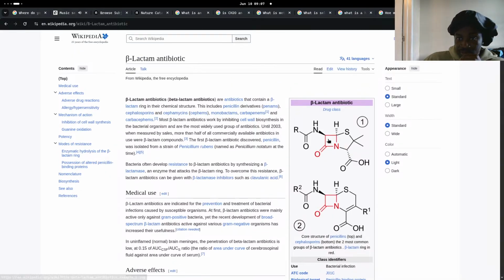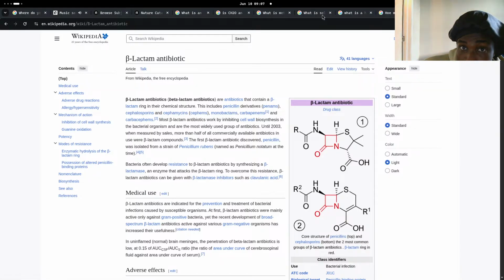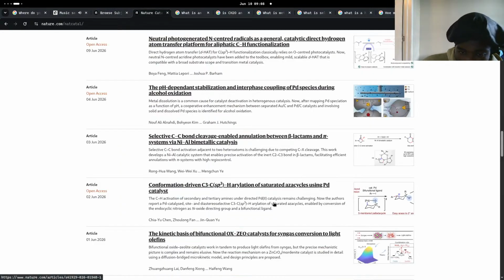Okay. All right. Let's see. This work develops a nickel aluminum catalytic system that enables precise activation of the inert C2-C3 bonds in beta lactams, facilitating efficient annulations with pi systems with high regio control.